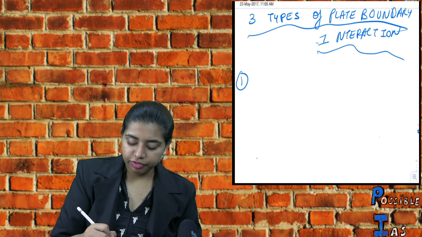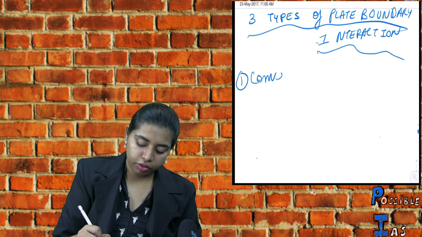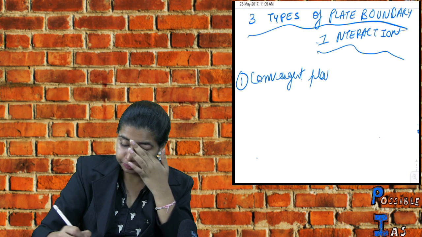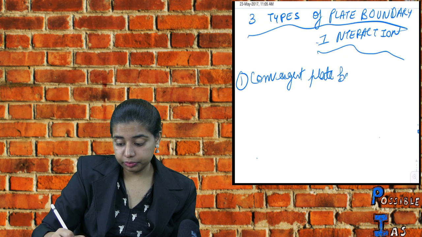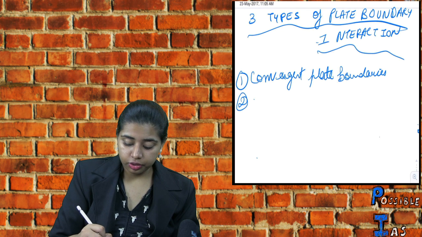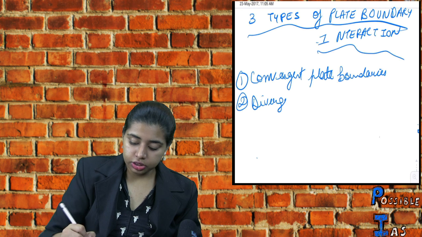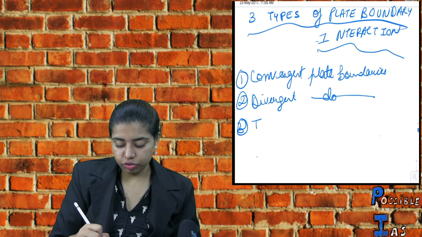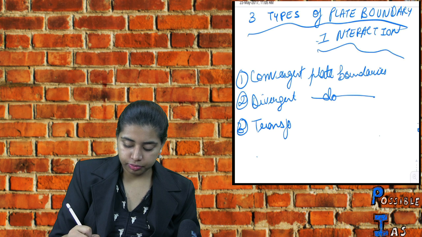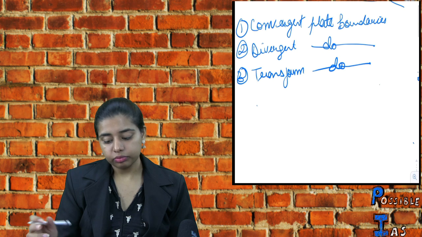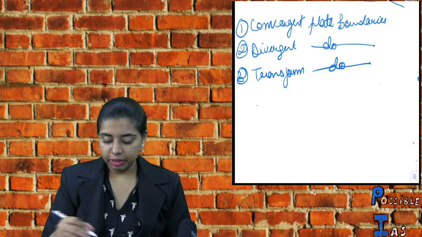Number 1, you have a convergent interaction, convergent plate boundaries. Then number 2, you have divergent plate boundaries. And finally, you have transform plate boundaries. Okay. So what are convergent plate boundaries?